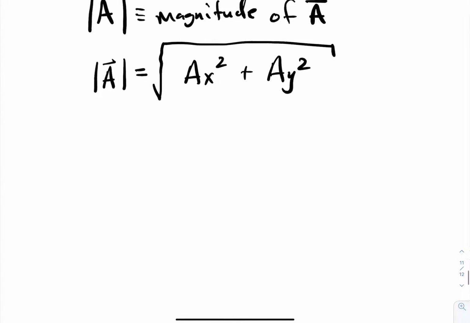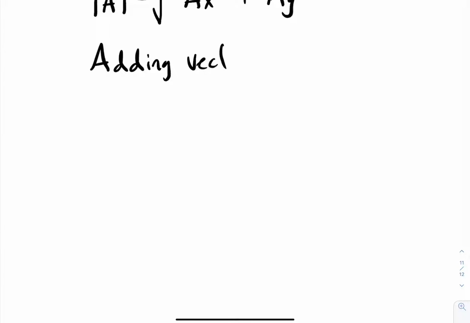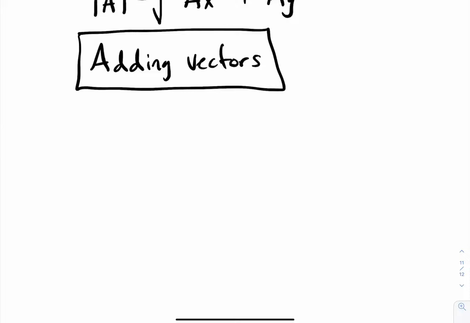So one more note on vectors before I talk more about trig for you. We always can add or subtract vectors. So we might have vector A, and we might try to add a different vector, maybe vector B, that looks something like this.